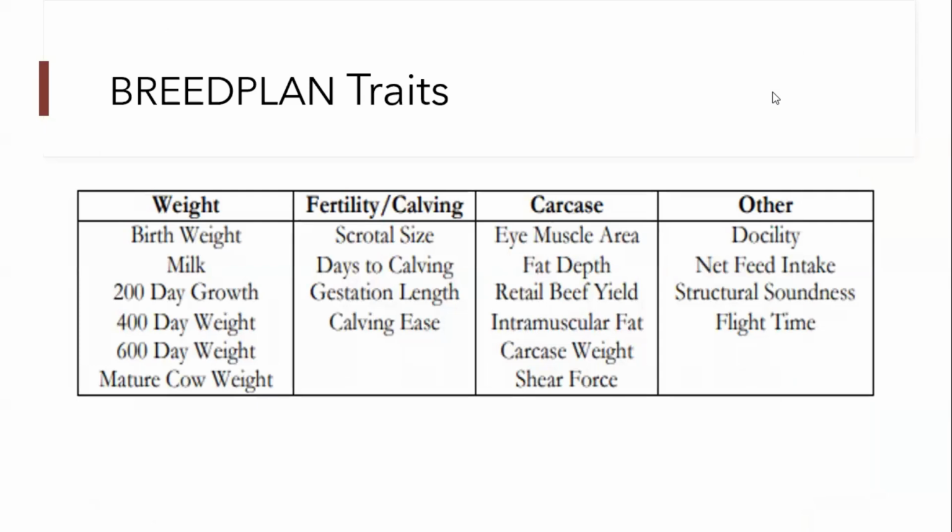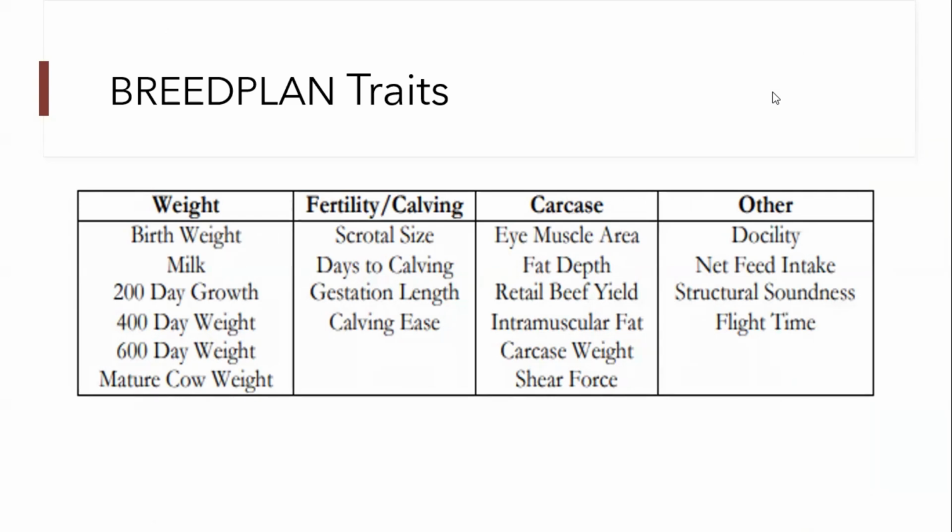If we look at the traits that are available from BREEDPLAN, there are a number of weight traits, fertility traits, carcass traits, and some other traits that include docility, net feed intake, etc. These are normally the basic traits that are available for most of the breeds.